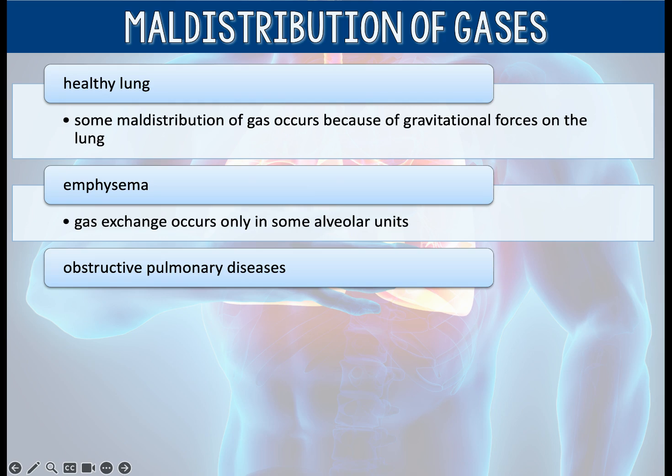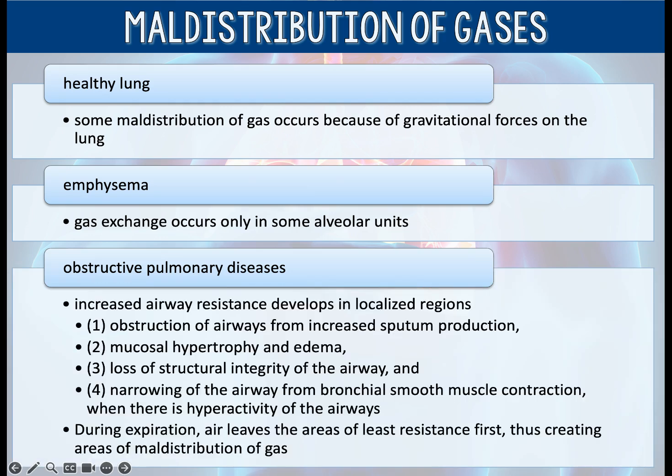In obstructive pulmonary diseases, there is increased airway resistance, and this develops in localized regions because there could be some obstruction in some of the airways, like you have increased sputum production or there's mucus in there. Or it could also be what they call mucosal hypertrophy, where the mucosa are kind of swollen and there's edema in there, so there will be increased resistance.